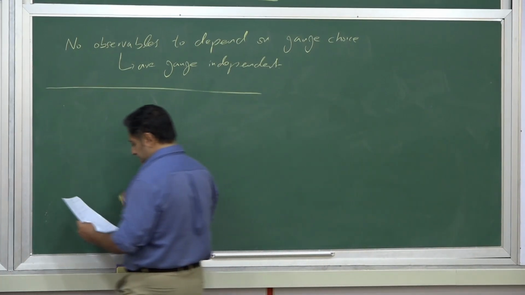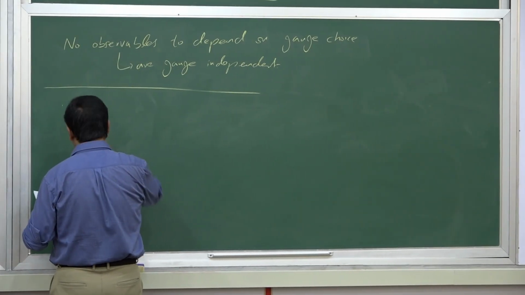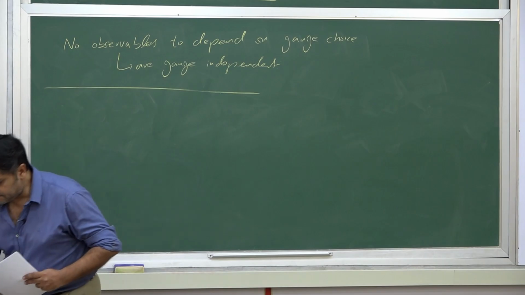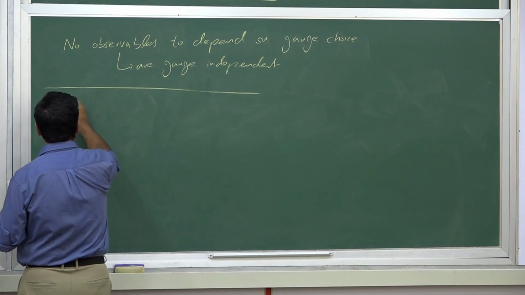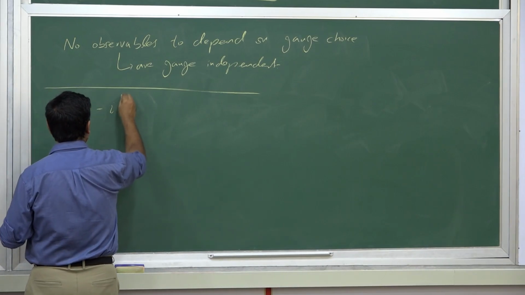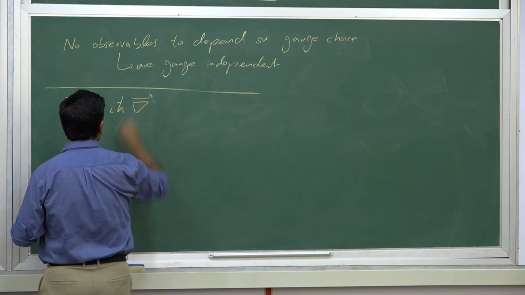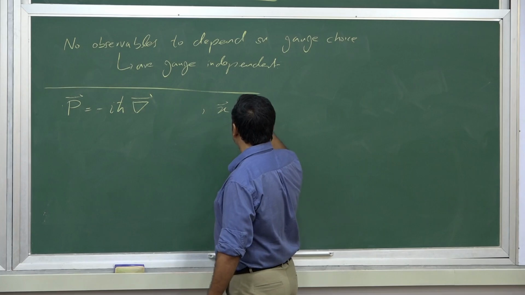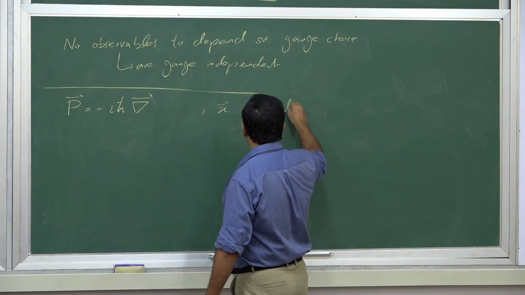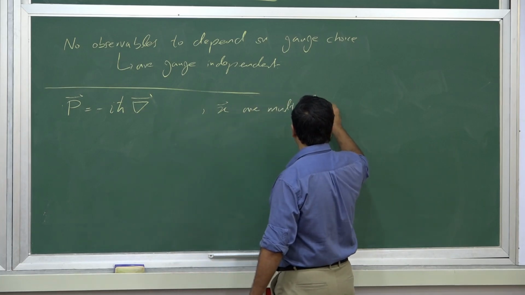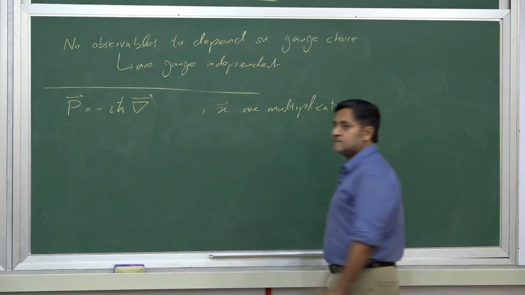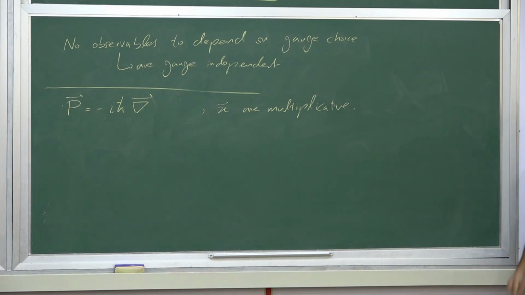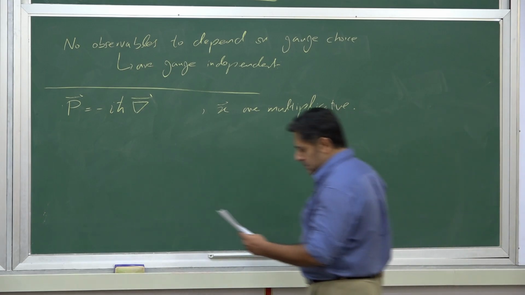You take your P as a derivative and your x's are multiplicative. Then you can represent them on your space of functions as an L2 space.